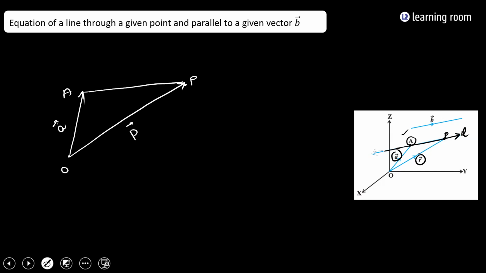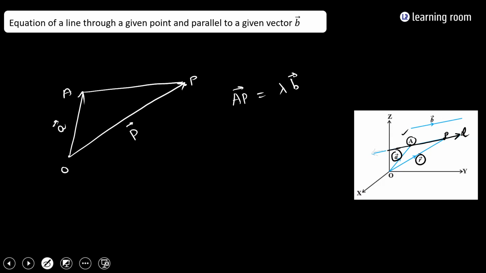How to do that? If you look at the statement, they have already given a vector to which this line is parallel. So I can say AP is a portion of the line which is parallel to vector b, right? So when it is parallel to vector b, from the concept of vectors, we know that AP vector is going to be lambda times vector b, because that is the condition for parallelism between two vectors.